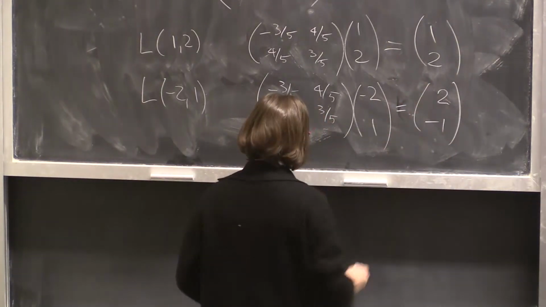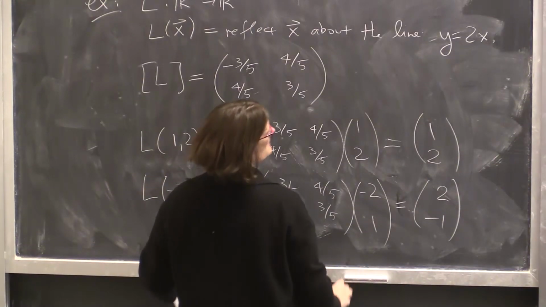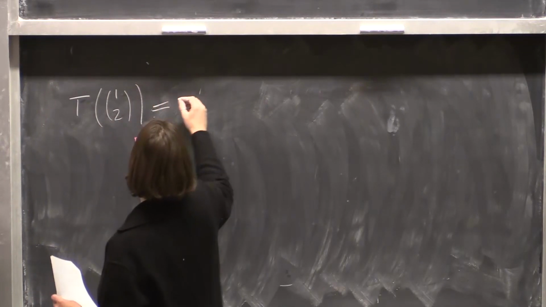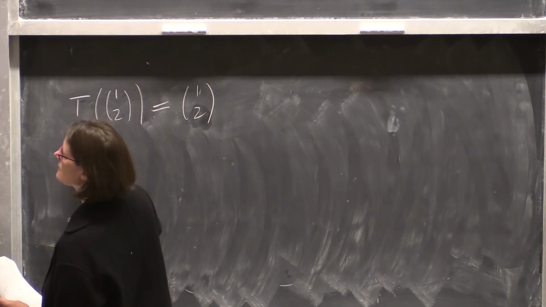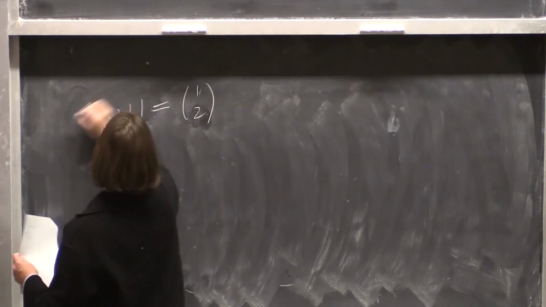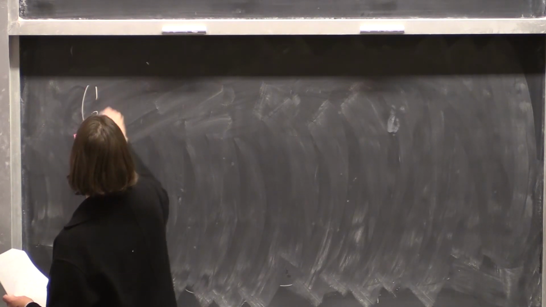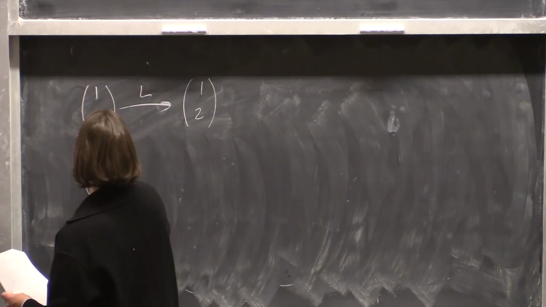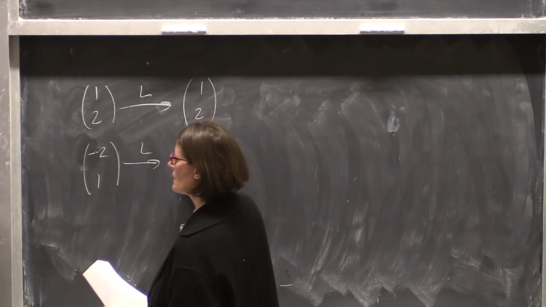Okay. So we just figured out that L of (1, 2) is equal to (1, 2), so (1, 2) gets sent by L to (1, 2), and (minus 2, 1) gets sent by L to (2, minus 1).